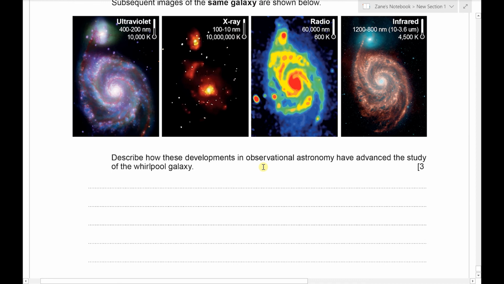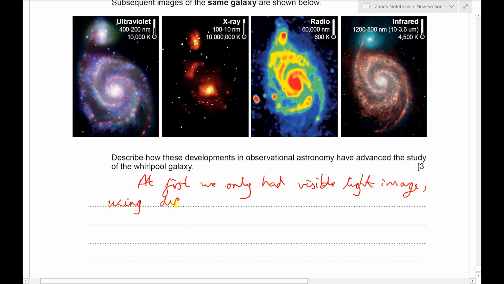So the basic idea is at first we only had visible light. And then by using different wavelengths, we can get more detail, or different detail.